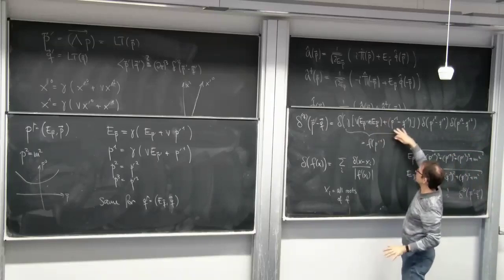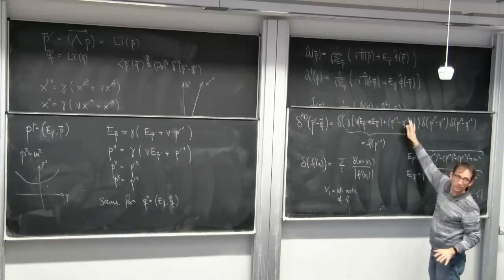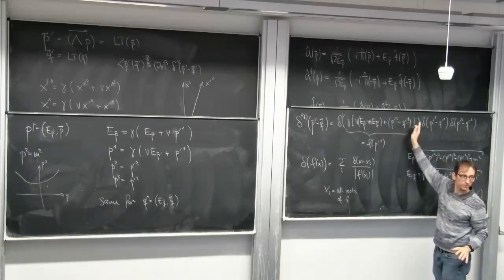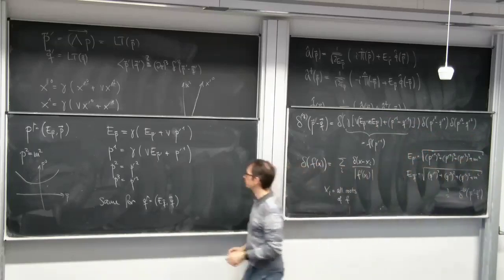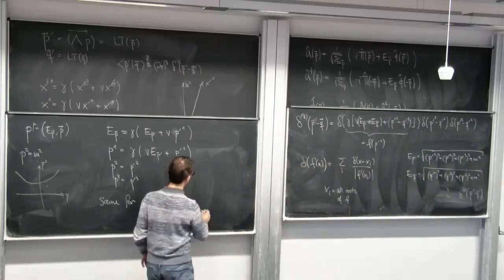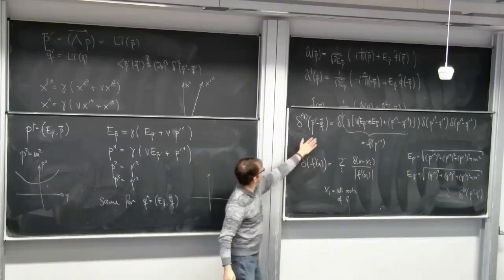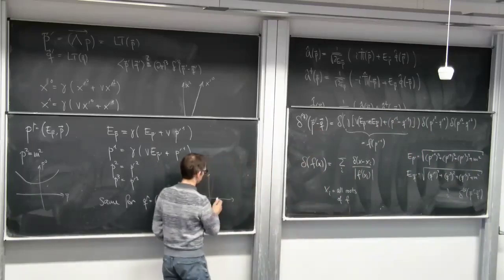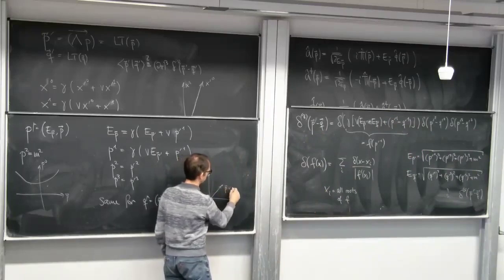If you set this to 0, it really follows that P1 prime should be Q1 prime. And that makes a lot of sense. If you have your 3-dimensional space, P and Q have to be the same vector.